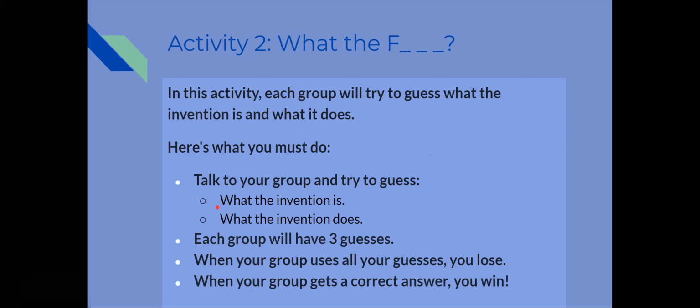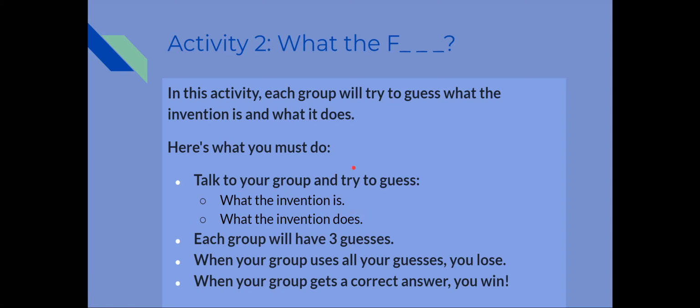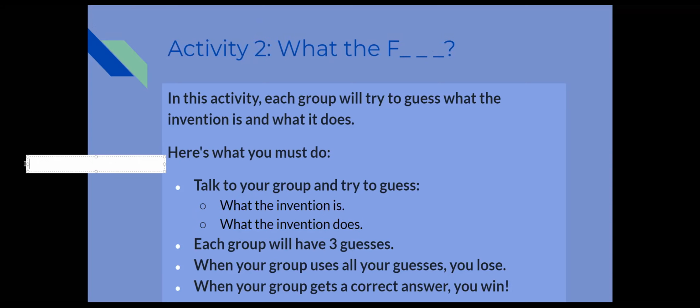When you're trying to guess, you should do a couple of things. Say what the invention is and say what it does. Now, don't just answer one time, okay? Let me write that down. Don't just say one answer.